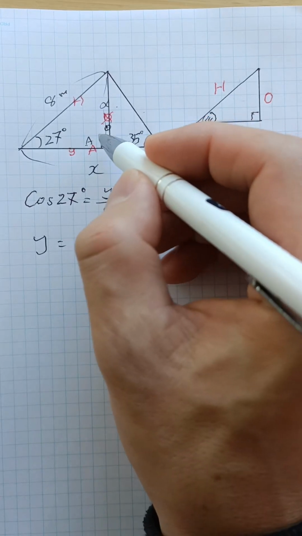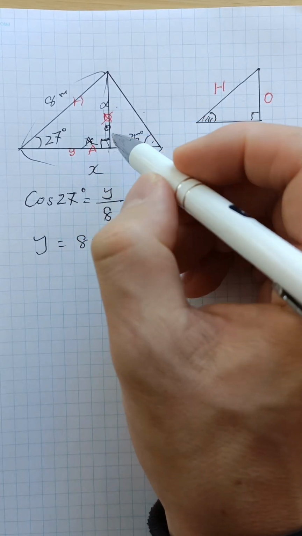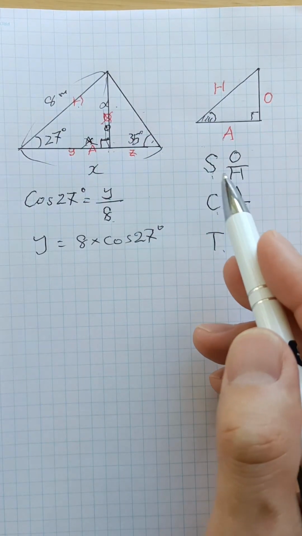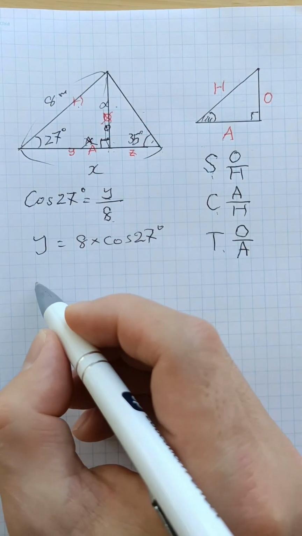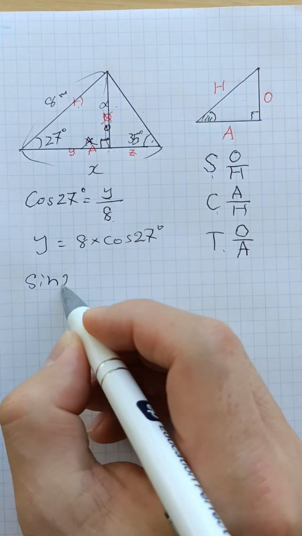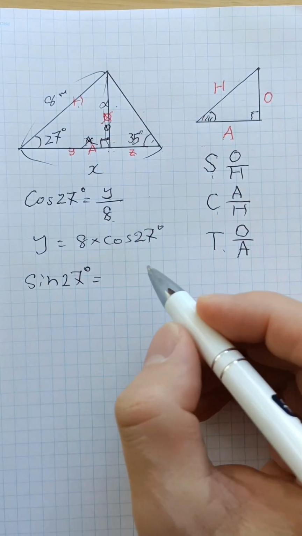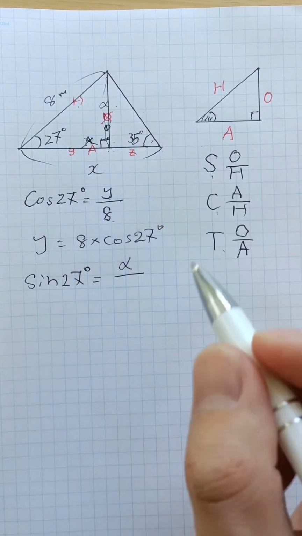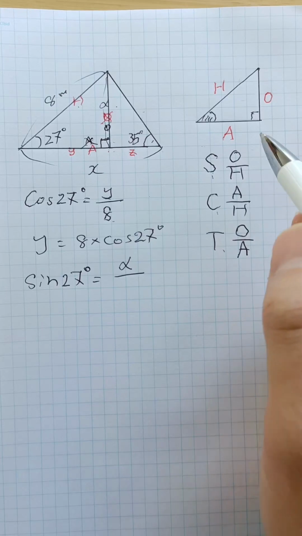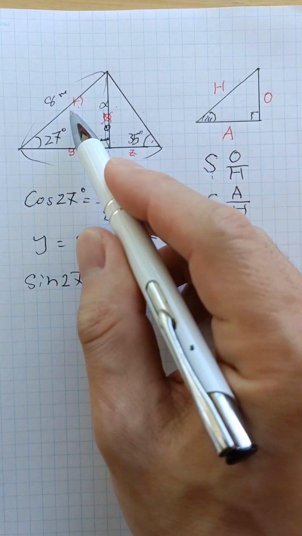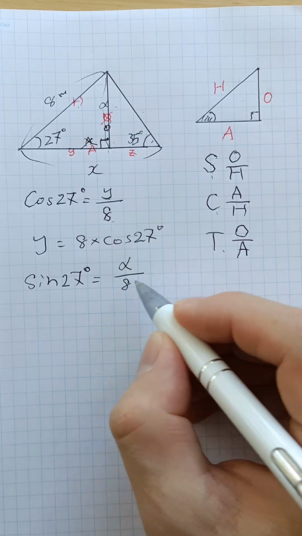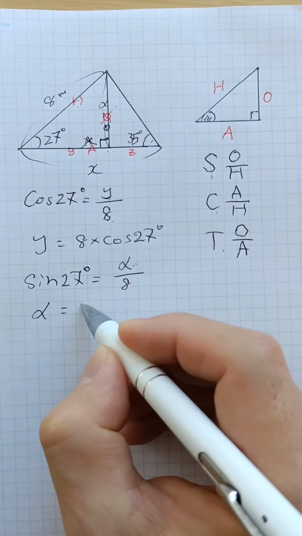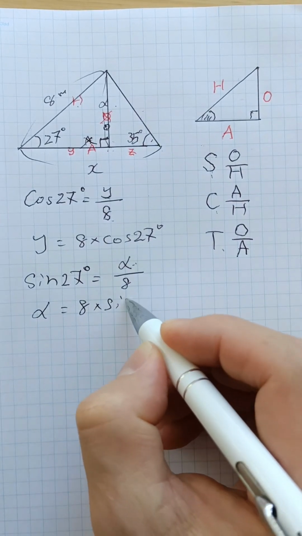We are not using this side this time, and we are using O and H this time, which is SOH. Okay, sine 27 degrees is alpha over H, which is 8. Again we see the variable on the top, so alpha is 8 times sine 27.